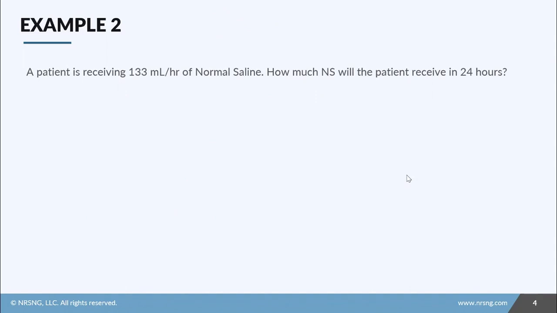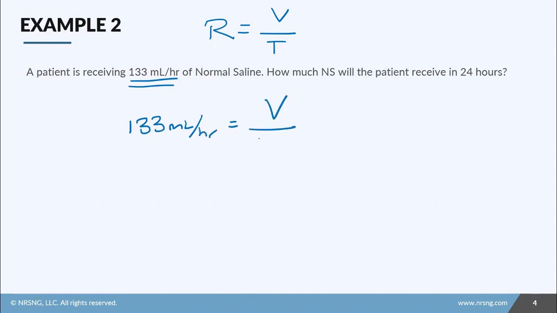So example number 2, a patient is receiving 133 milliliters per hour of normal saline. How much will the patient receive in 24 hours? All right, remember, rate equals volume over time. This is direct algebra, okay? Let's just insert these numbers. Our rate is 133 milliliters per hour equals the volume, which is what we're looking for, over 24 hours.